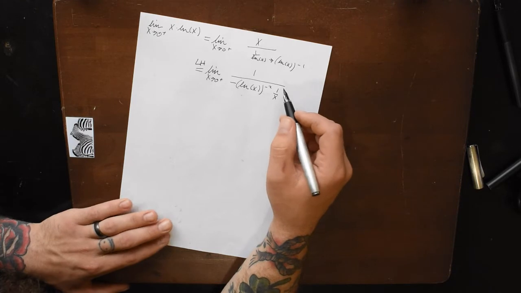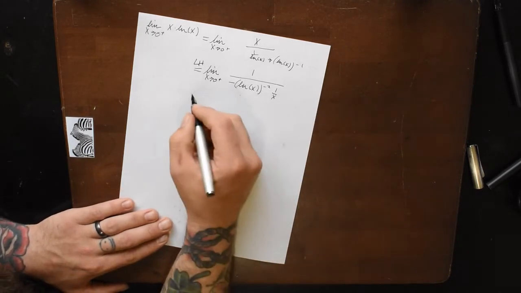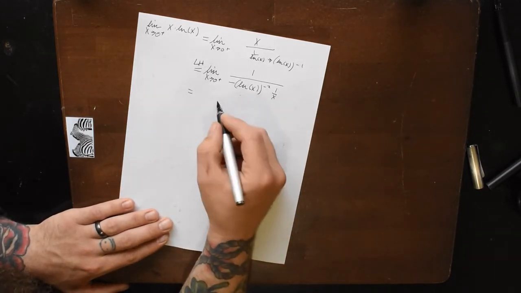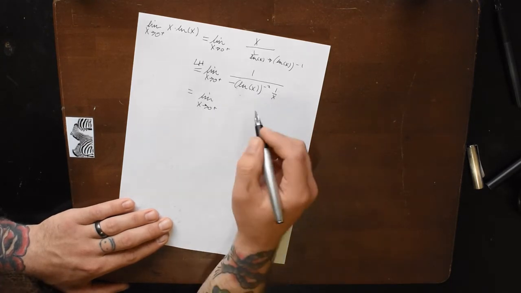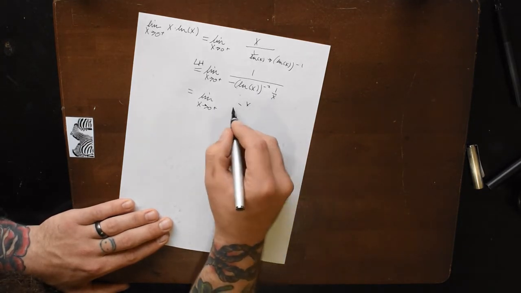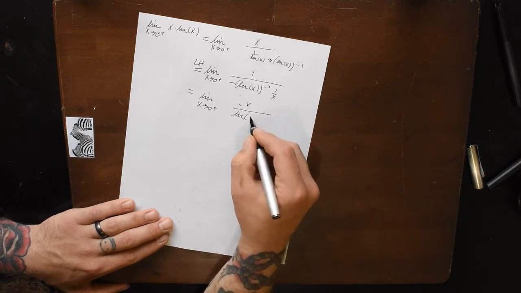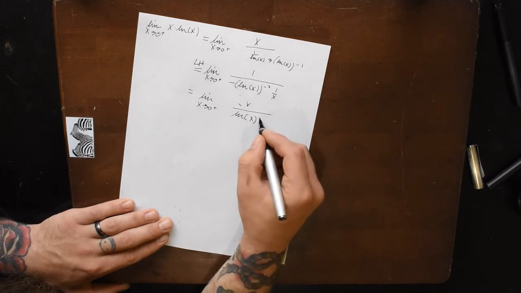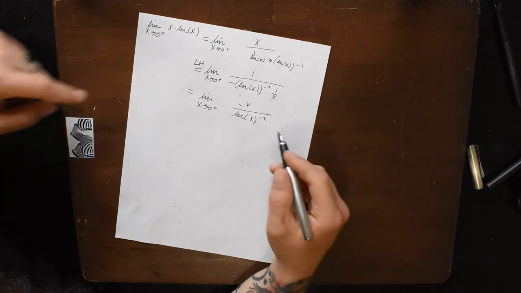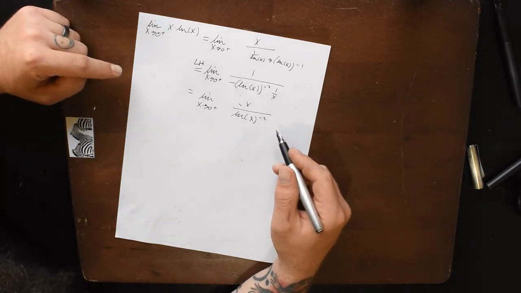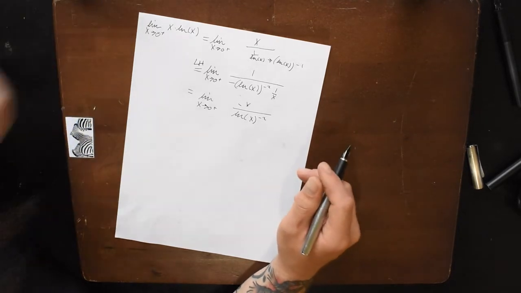We can move our x up into the numerator, which is equal to the limit as x goes to 0 from the right of negative x all over the natural log of x to the negative 2. So we're getting something more complicated.